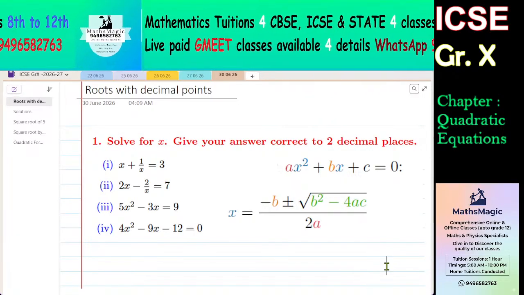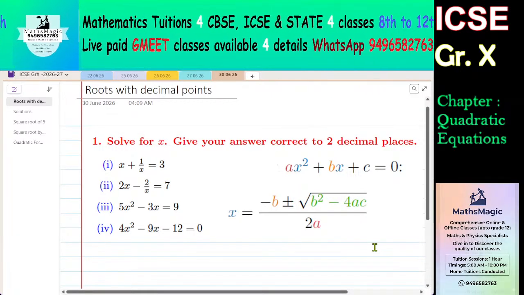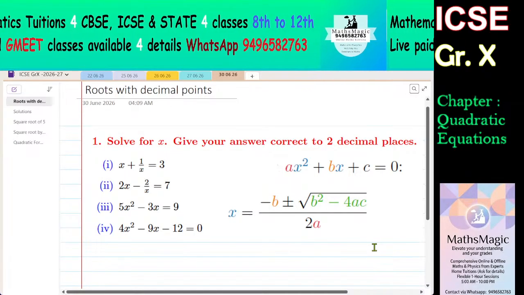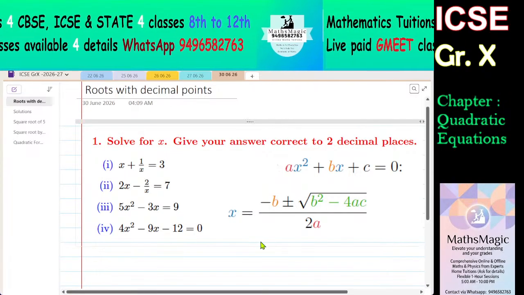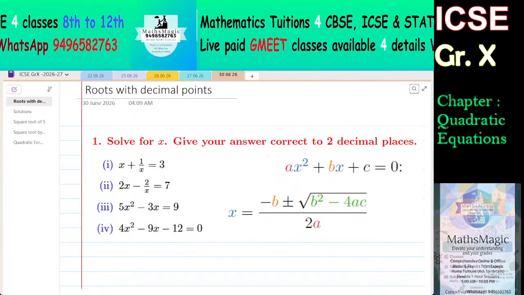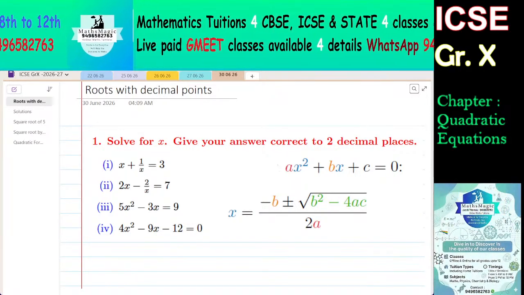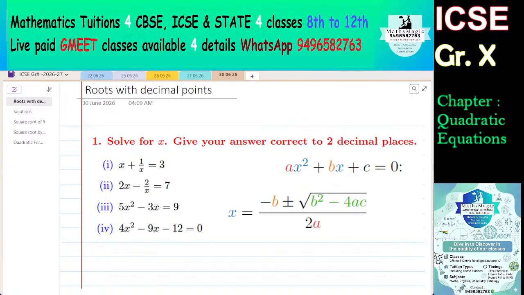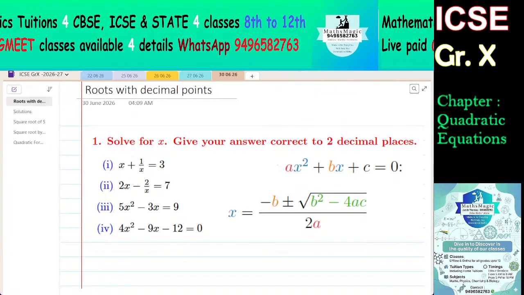Then you can substitute it. I think you can take 2-3 minutes for solving each question, maximum 3 minutes or so. Once you solve it, just send me the answers. We will discuss those answers, and I'll give you the answers if you have any doubt.